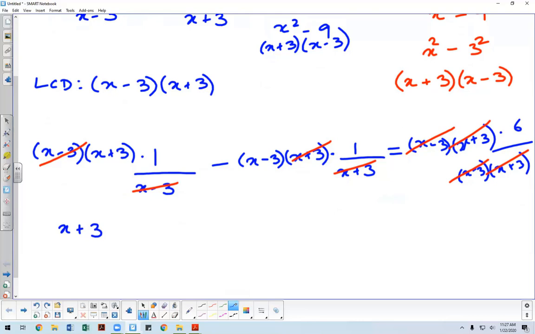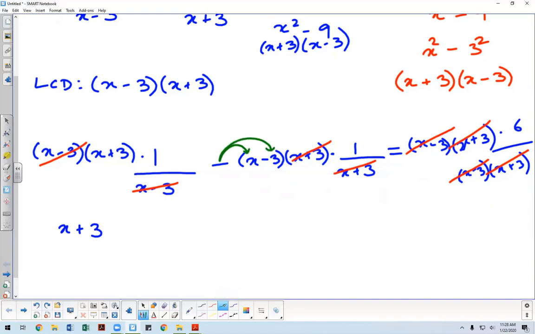I have a minus sign here. You have to be very, very careful when you have a minus sign. If it was a plus sign, it wouldn't make a difference, but a minus sign does. So you still are doing x minus 3 multiplied by 1, which would be x minus 3. But this negative sign has to be distributed inside of our parentheses.